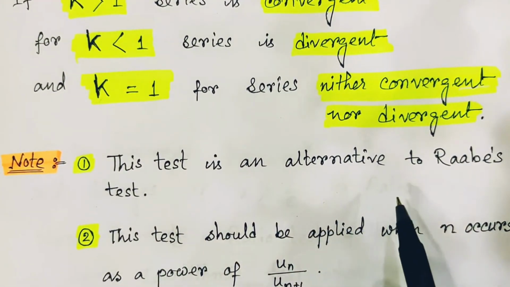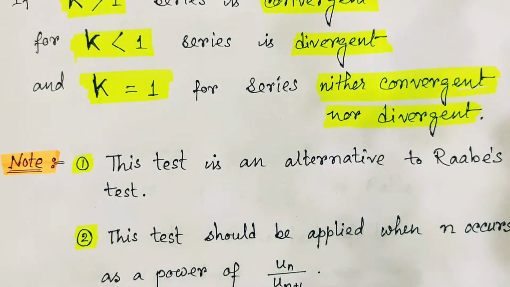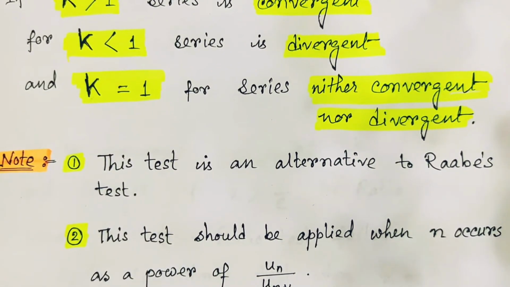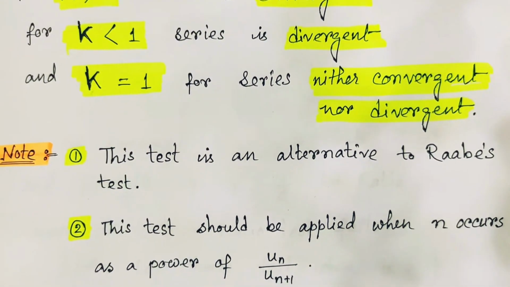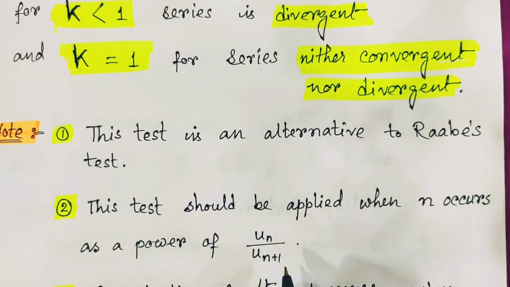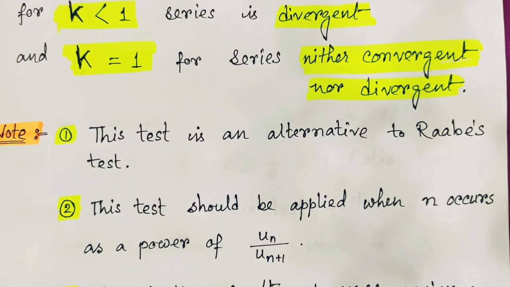We know from the video of Raabe's test that when D'Alembert's ratio test fails, we should go for Raabe's test. But when D'Alembert's ratio test fails and the term un divided by un plus 1 is in the power of n, then we should apply the logarithmic test instead of Raabe's test.